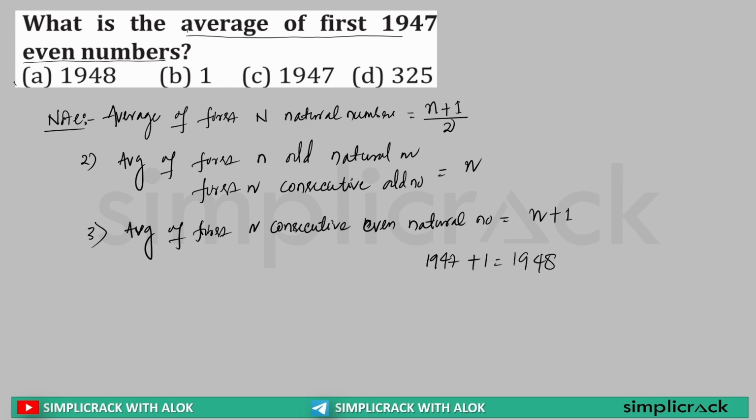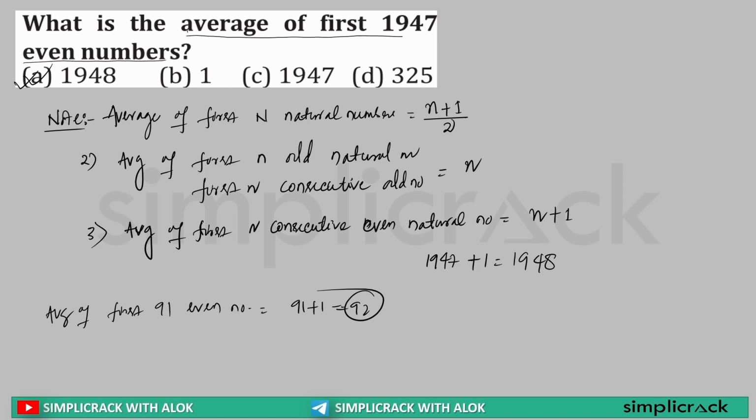And you won't believe it, in the 18th January examination, the question was to find the average of the first 91 even numbers, and the answer was 91 plus 1, that is 92. See, it is always about the fundamental clarity. Clear or not?